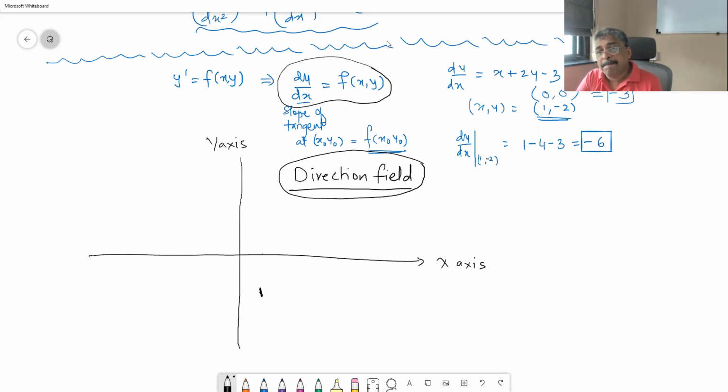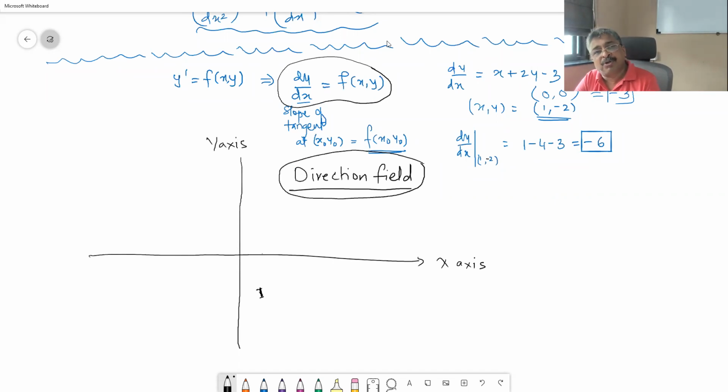And therefore, we can write a computer program by which, at every 5 by 5 millimeter square of lattice points, you get to know the direction of the tangent, the slope of the tangent, and at that point you draw a line segment whose length is also 4 millimeters.